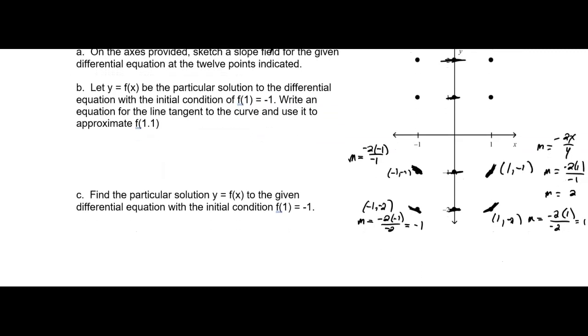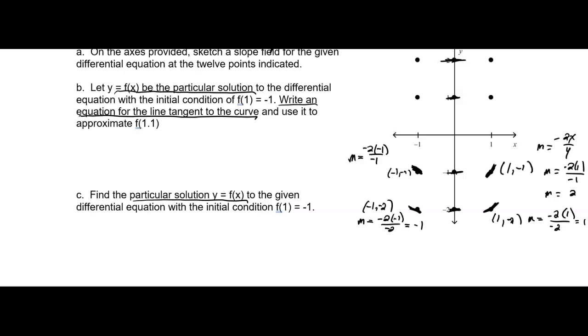B. I put these back to back, B and C, because almost every year I hear people make this mistake. B says let f of x be the particular solution, as does C. The particular solution is y equals f of x. So the original function is our solution. Letter B is asking you to write an equation for the line tangent to the curve.